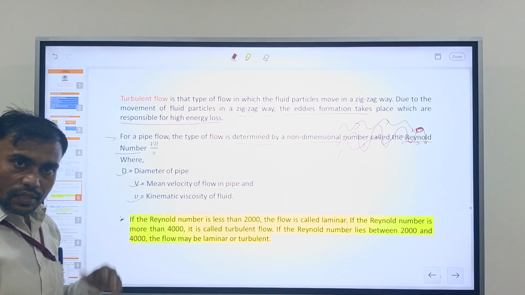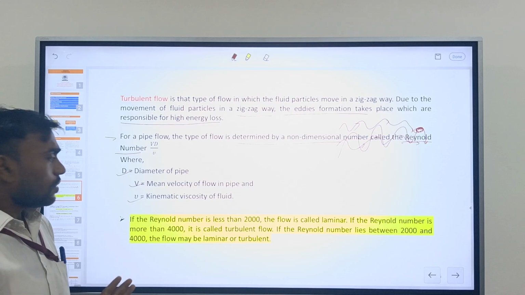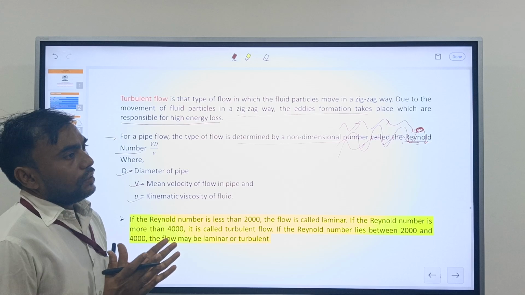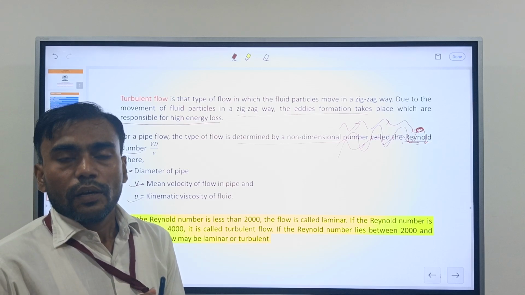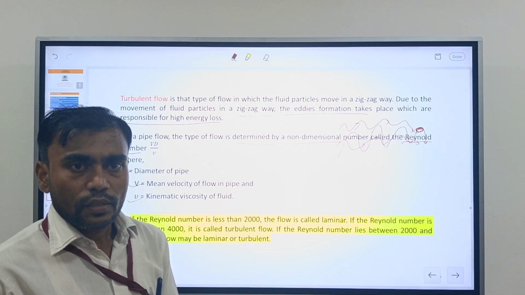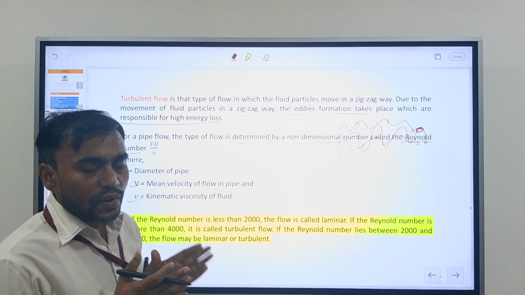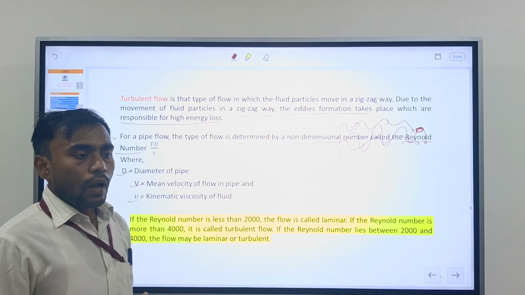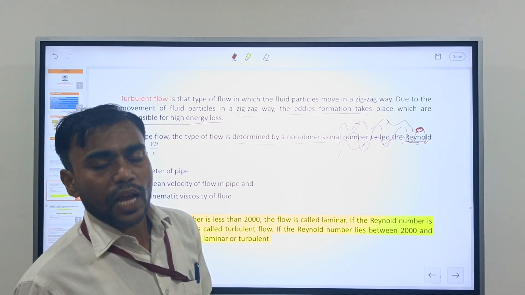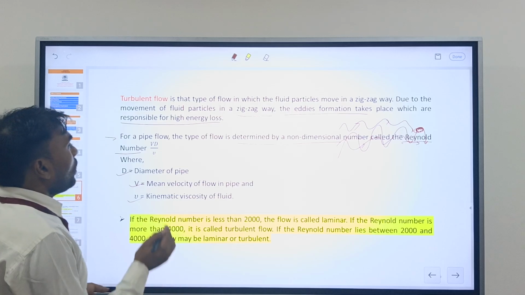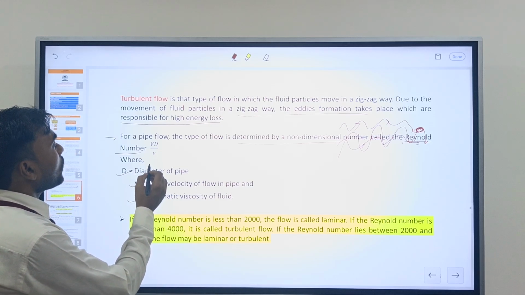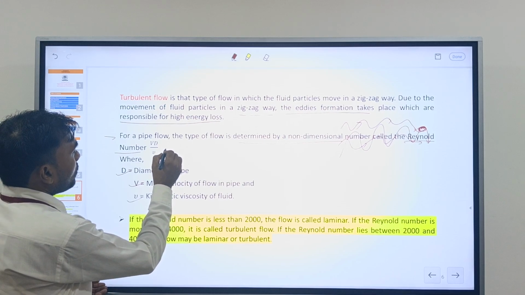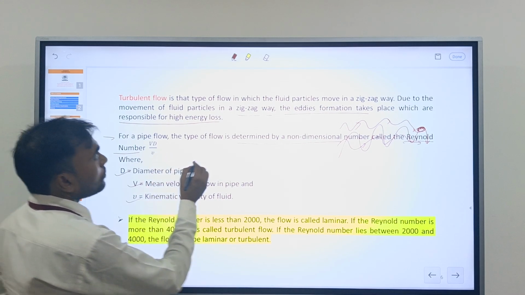This term was already discussed in the first lecture. So there is a basic criterion which enables us to determine whether the fluid flow is laminar or turbulent. How can you determine the type of fluid flow? One can determine it by calculating the parameter, that is the Reynolds number.